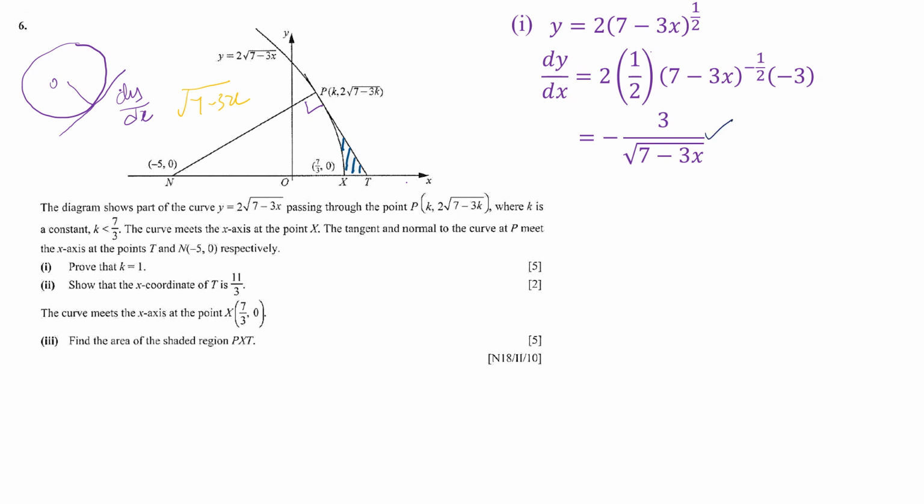So that is the gradient of a tangent line PT. That is the gradient function, I'm sorry. So the gradient of the line PT is when I substitute my x to be k.